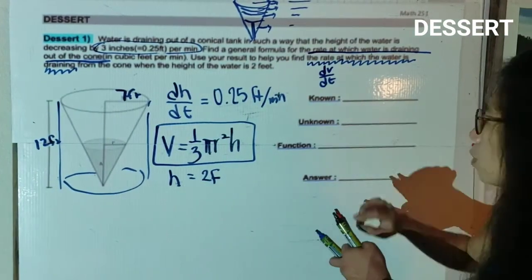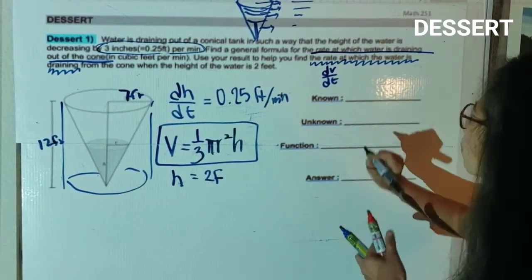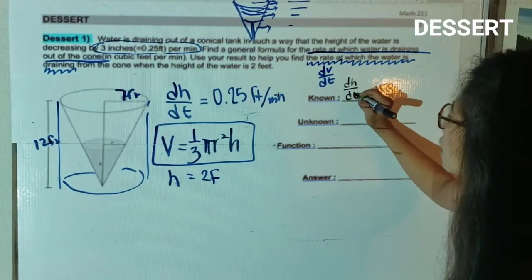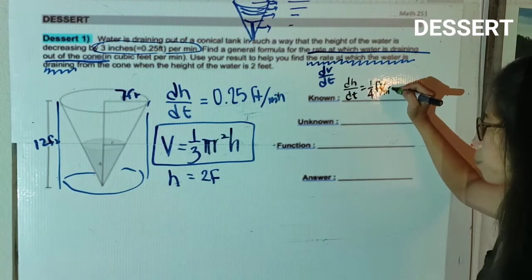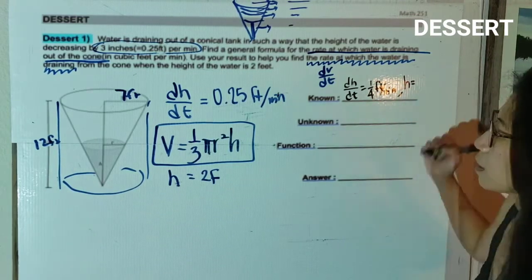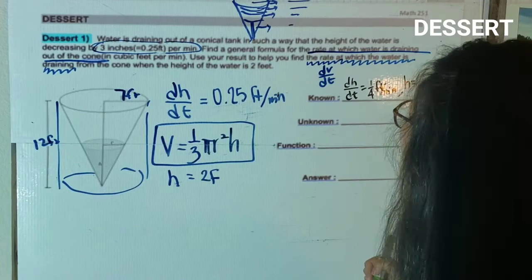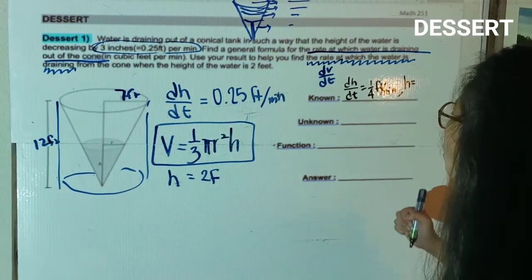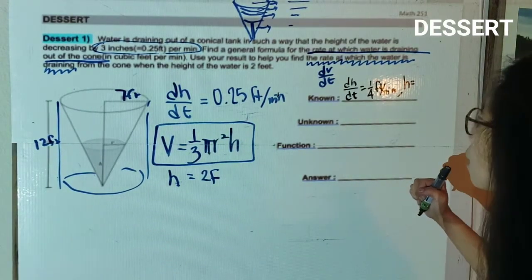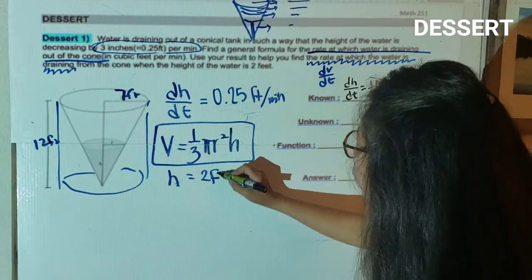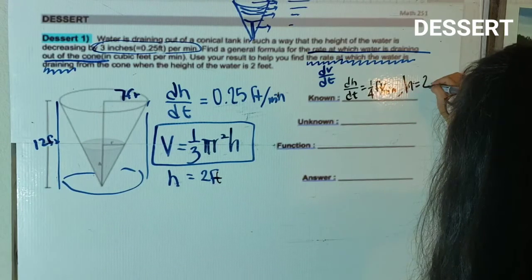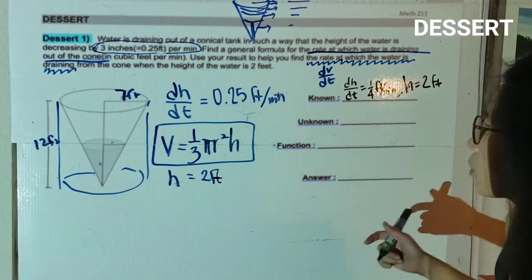Okay, so let's organize. Known: dH/dt is 0.25, 1/4 feet per minute. And then H, do I know the H? No, H didn't show me. H is 2 feet when H is 2 feet, so we have to put that one in later.